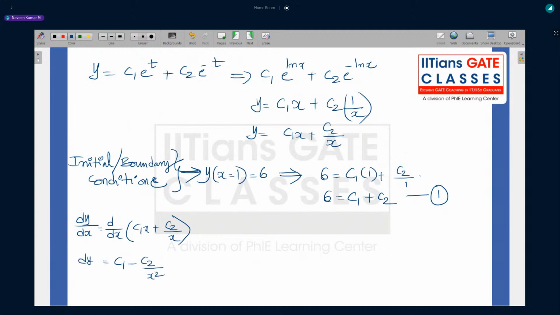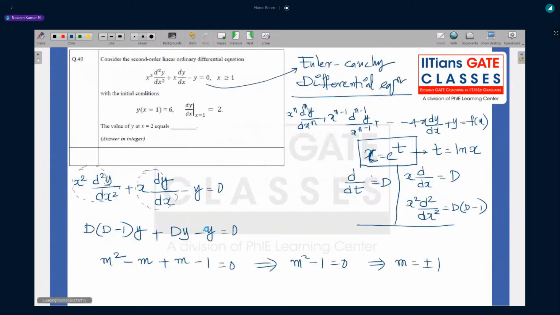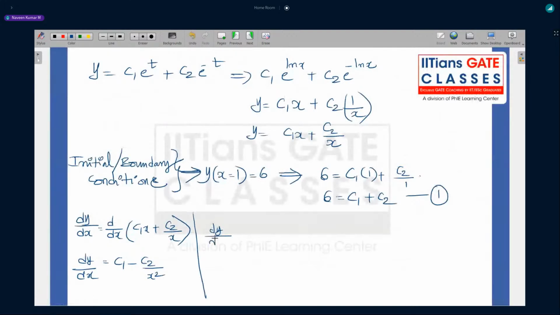So dy by dx at x is equal to 1 is c1 minus c2 divided by 1 whole square. So from here I can say that 2 is equal to c1 minus c2.